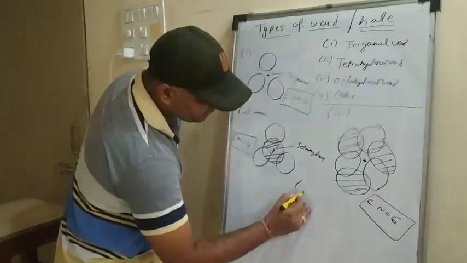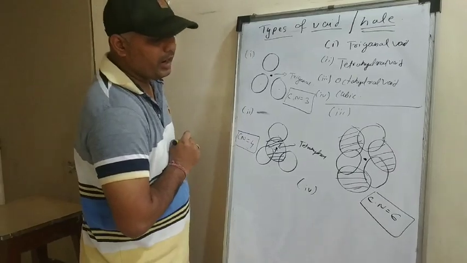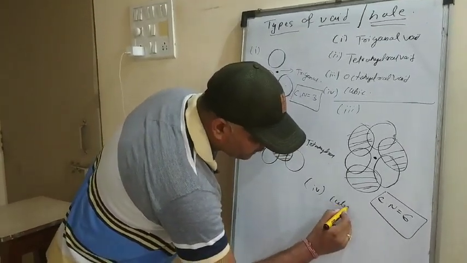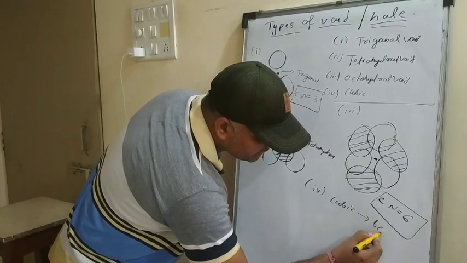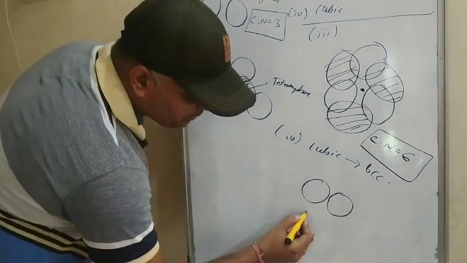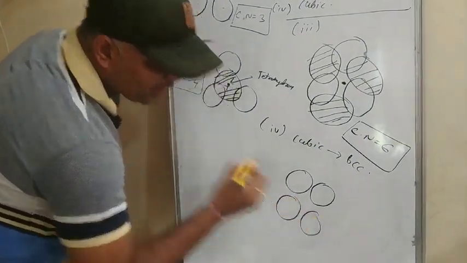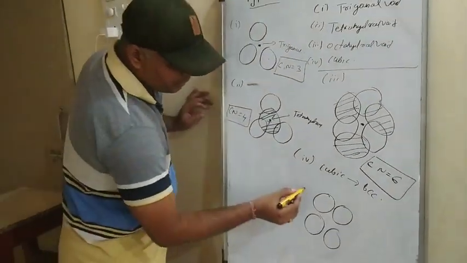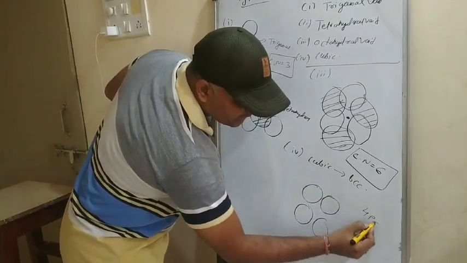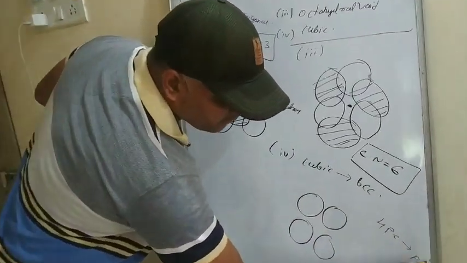Okay, then coming to the next one, the cubic void. How is the cubic void formed? In this case, the cubic void is formed mostly in the BCC lattice. See, this is one particle, this is one particle, this is one particle, this is one particle, so 4 particles are in a plane.